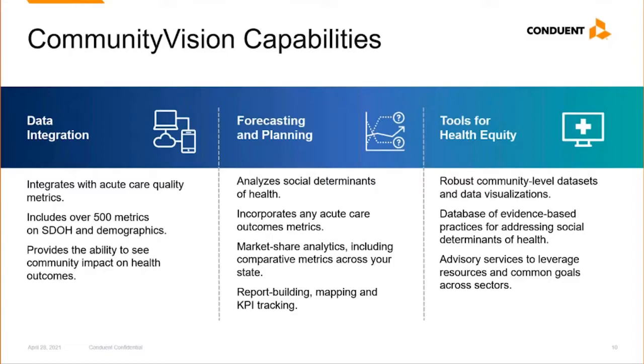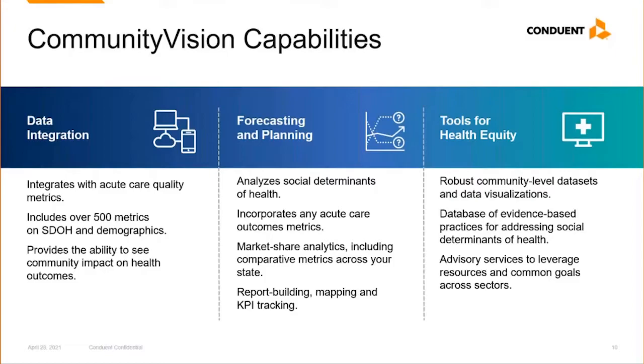And we alluded to some of those health inequities. This robust community-level data set and data visualizations lets you begin to be aware of and then to address those social determinants of health that's got that 80% impact on your outcomes that's causing your penalties.